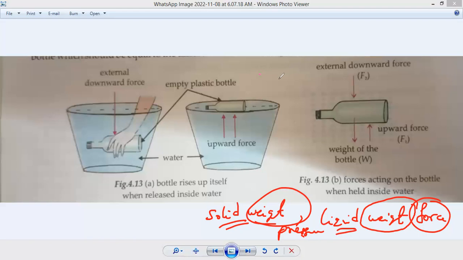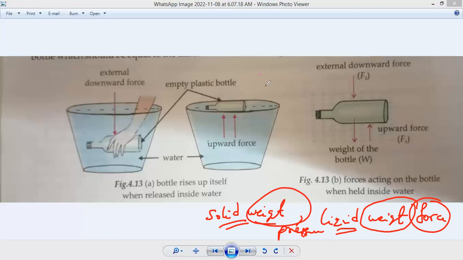Even now, if you have an empty water bottle, go and push it in our water tank. When we are pushing, we will feel that somebody is pushing from downwards. We will experience that force. Do you understand, everyone?